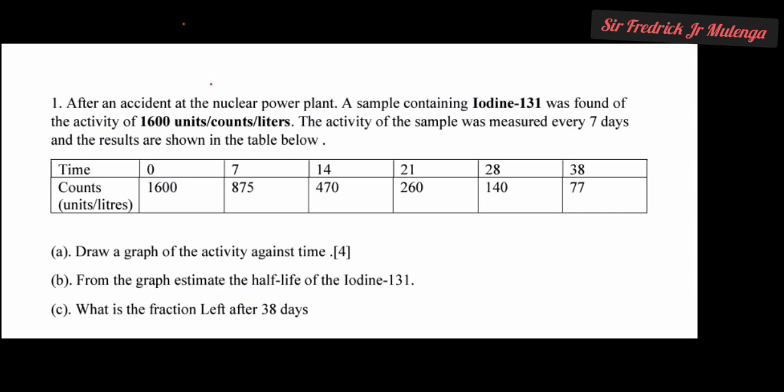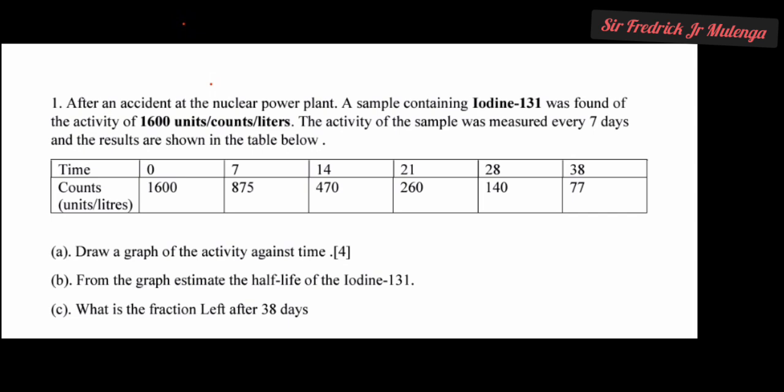The question is saying: after an accident at a nuclear power plant, a sample containing iodine-131 was found with an activity of 1,600 units or counts.